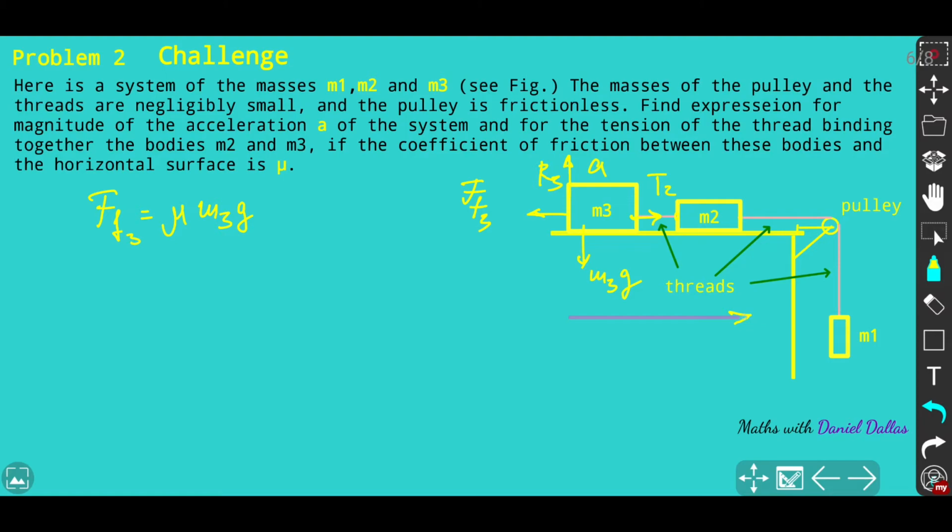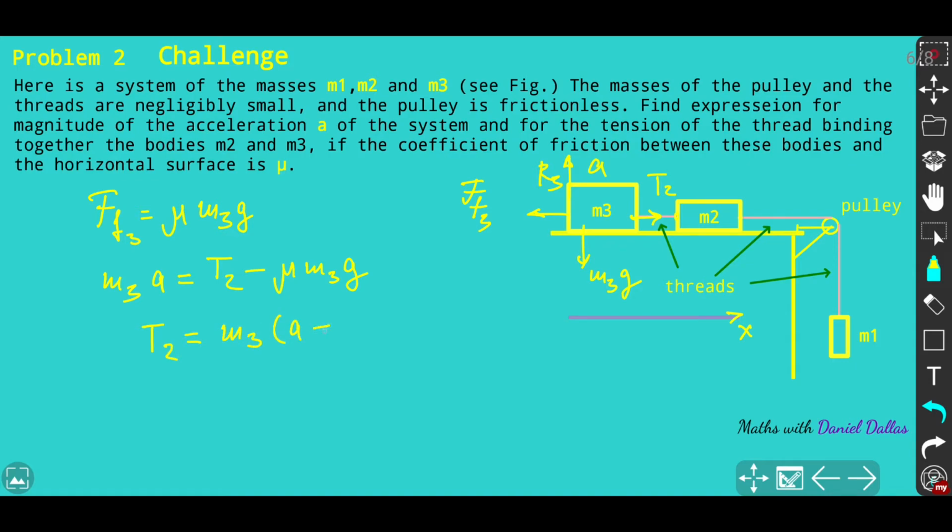Let's set up the second Newton's law. M3 times A, acceleration, is equal to the tension force we're looking for minus the friction force, which in our case is mu times M3 g. From there we can find the tension force, which is going to be M3 times the sum of A and mu g.